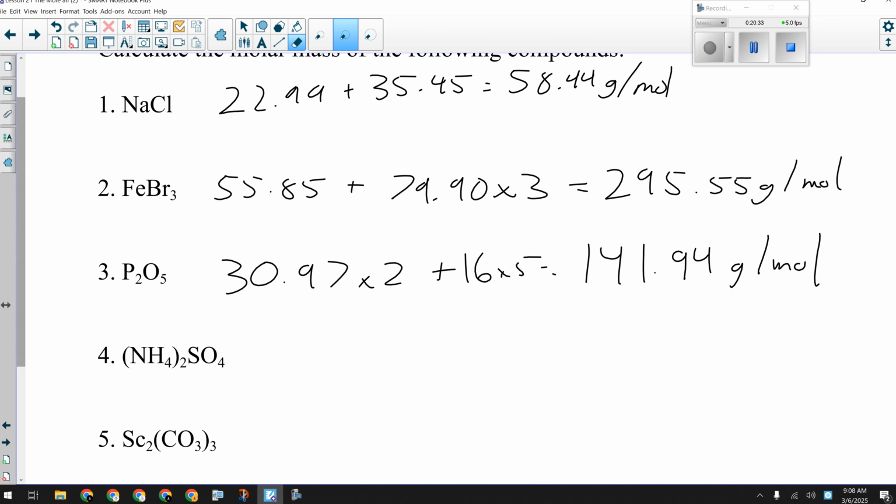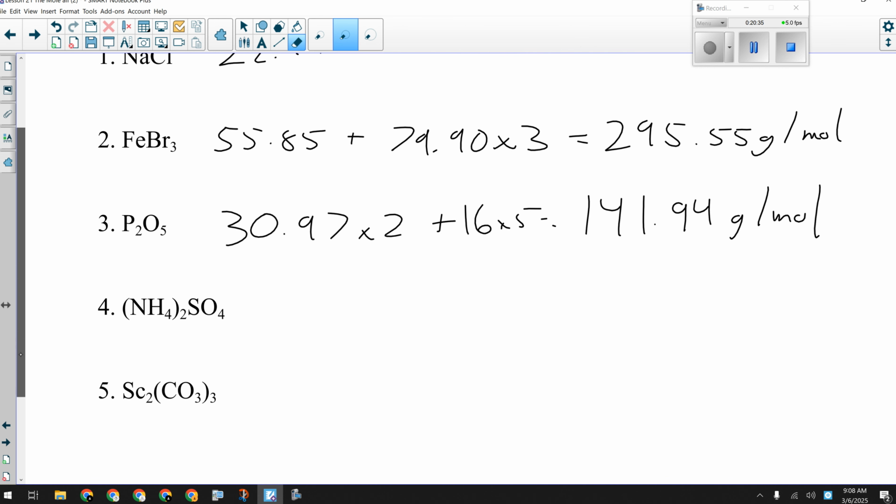Let's look at number 4. When you have polyatomic ions and you've got the brackets, you've got to do a little bit more thinking. It's not difficult math, but you have to kind of foil it through. Since this is all in brackets, how many nitrogens do I have? 2. So I'm going to start out with 14.01 times 2 plus how many hydrogens? 8, so 1.01 times 8, plus how many sulfur? Just 1, so plus 32.07.